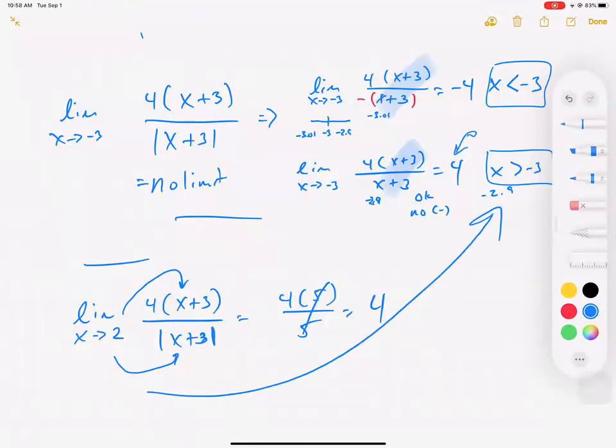So we always plug in first, and if I end up with 0 over 0, indeterminate, that's when we break it apart to test. Does that limit really exist? Sometimes problems are going to ask you from one side or the other, specifically just from the right side or just from the left side.